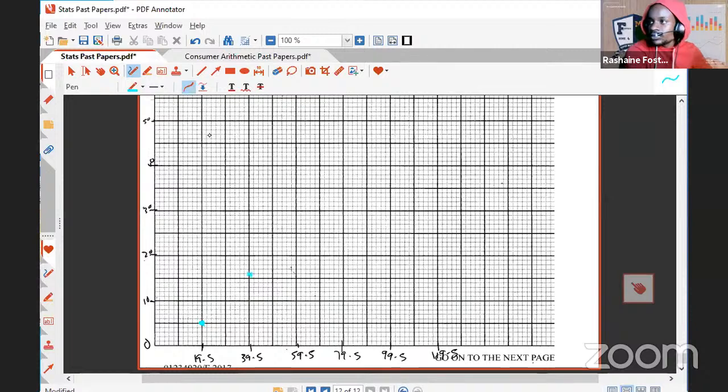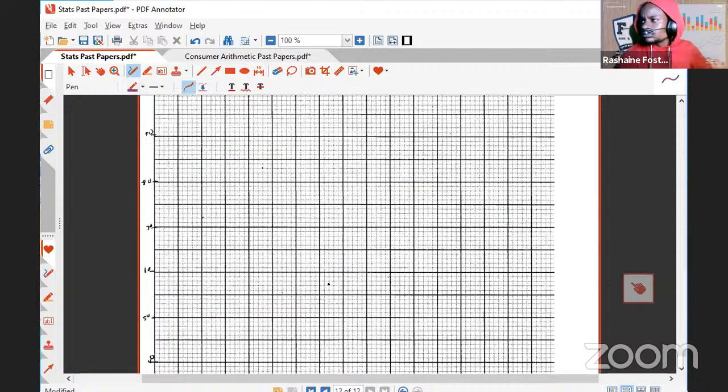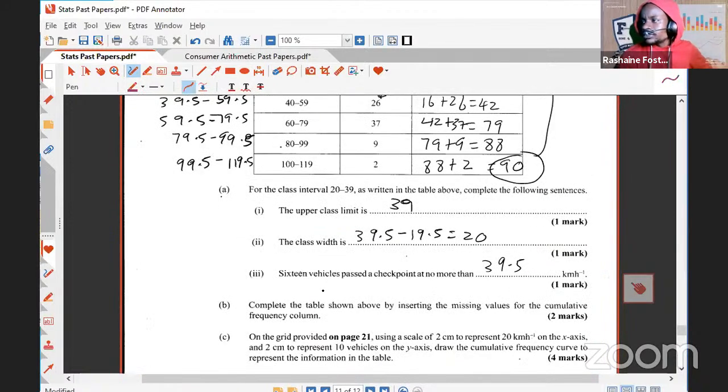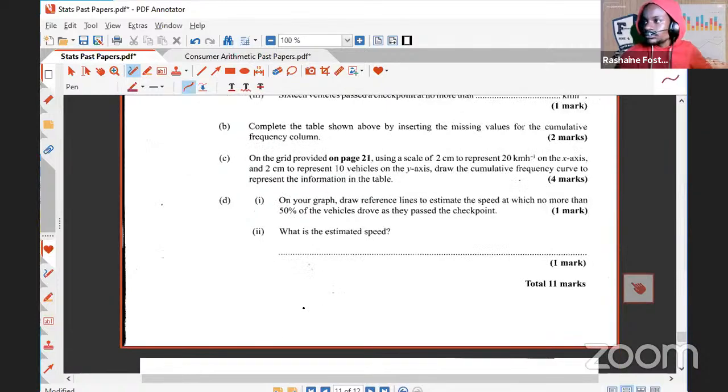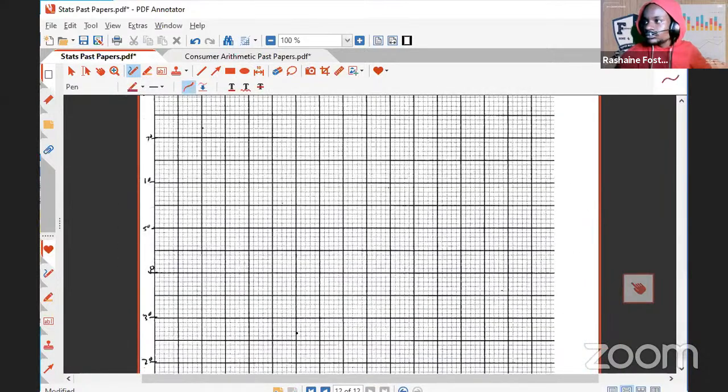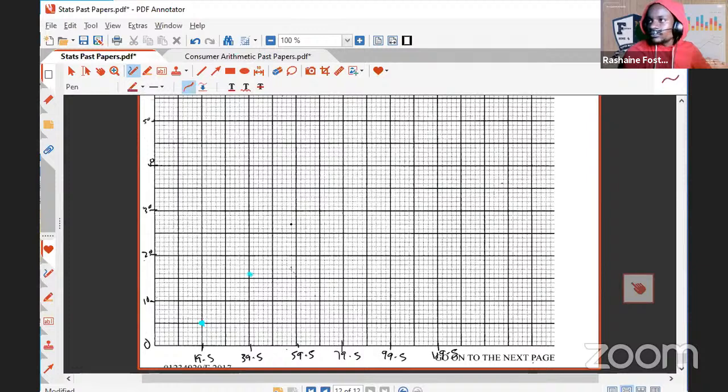So just plot your points properly. Then 42. Forty is there, 42 is right here.